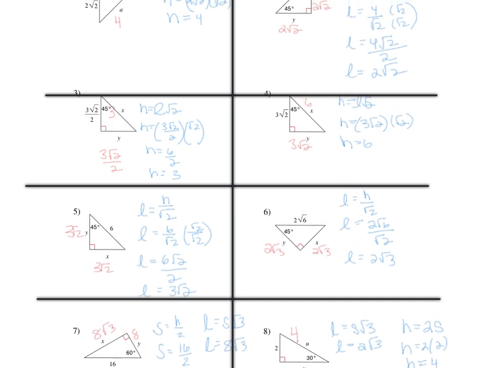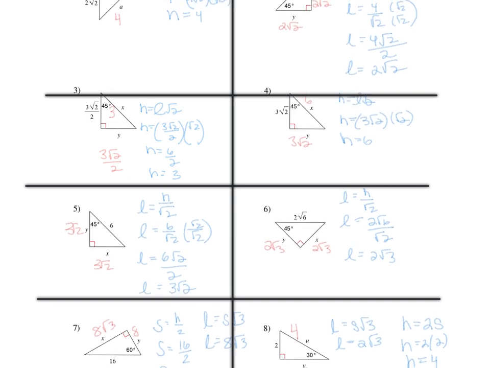All right, if we look at number 5, we have a 45, 45. We are given the hypotenuse, so we're looking for a leg, which is the hypotenuse divided by the square root of 2. So we have 6 divided by the square root of 2. Remember, you cannot divide 6 and the square root of 2.